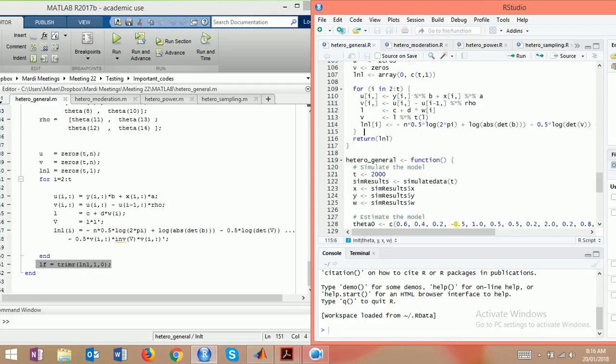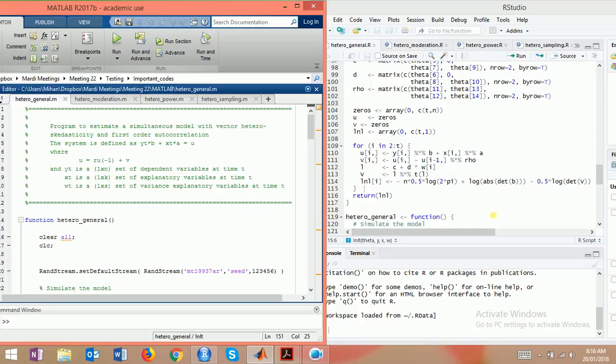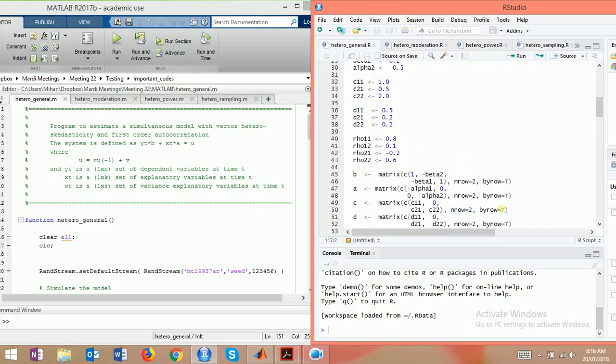Okay, so these are the local functions. Then I'm just going to go into doing the math.